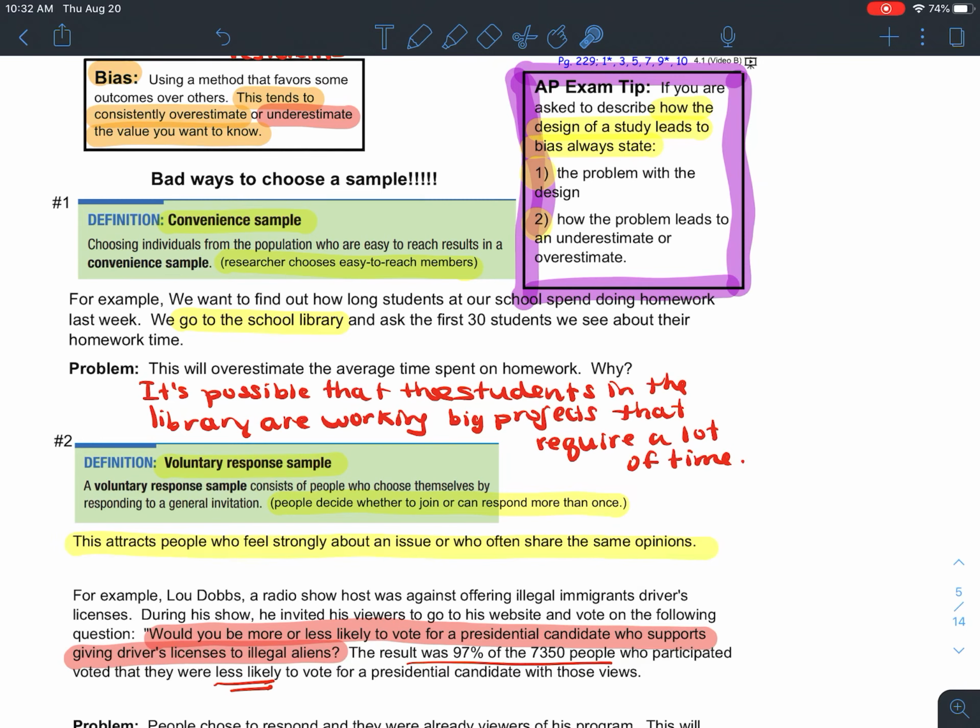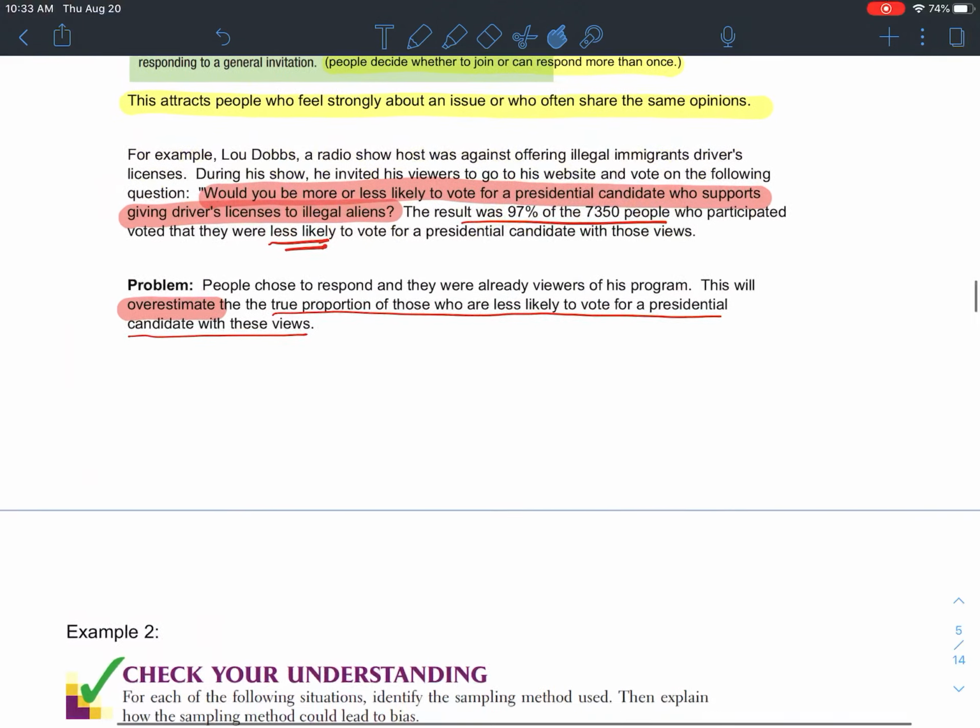You might have a bunch of students in there who are either all studious and they go there to work on their homework, they care about doing their homework, or maybe they are working on a large project that is taking up a good chunk of time, and so that would result in an overestimation of the true average time spent on homework if we were to have taken a true random sample of students in the student body. So it's linking together the problem with how the data is collected and the way it was collected, that would either lead to an under or overestimation and kind of give a supporting reason why.